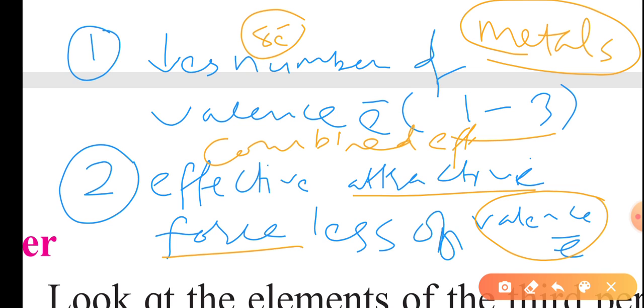And they have only 1 to 3 valence electrons, due to which they easily lose their electrons, and by losing them they attain the stable noble gas configuration. This is called electropositivity. So from above downward, in each group, electropositivity increases.